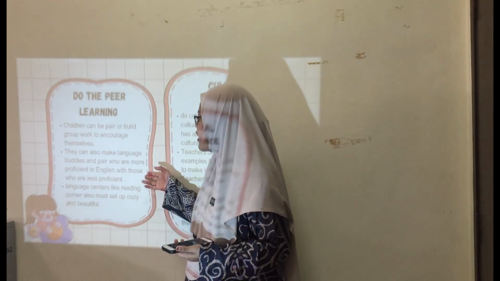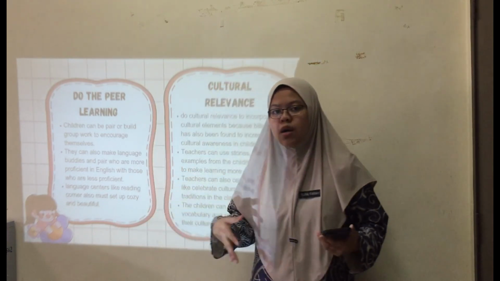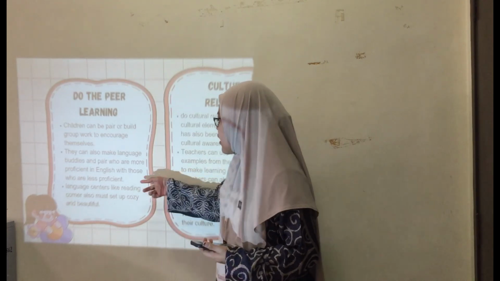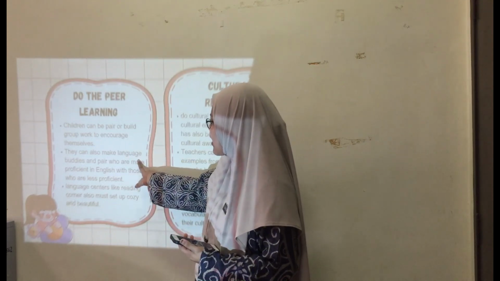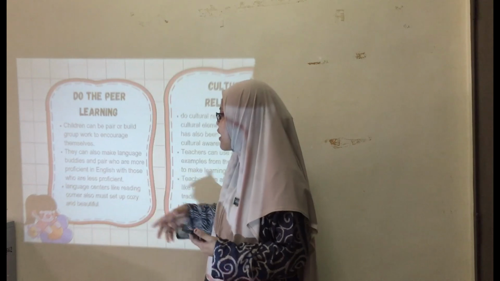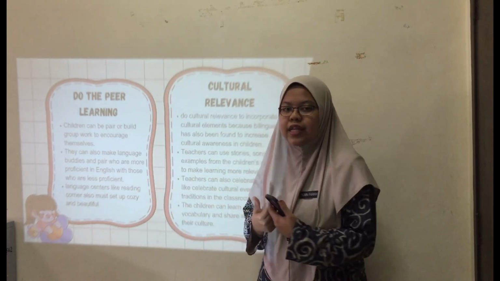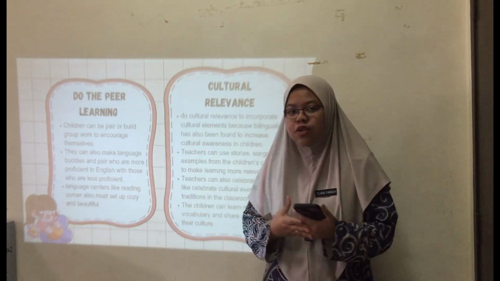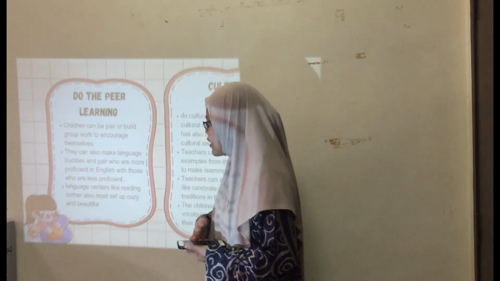The children also can make language buddies, pairing those who are more proficient in English with those who are less proficient. So they can learn from their friends who are good in English, and their friends who are good in English can teach the children about the English language.